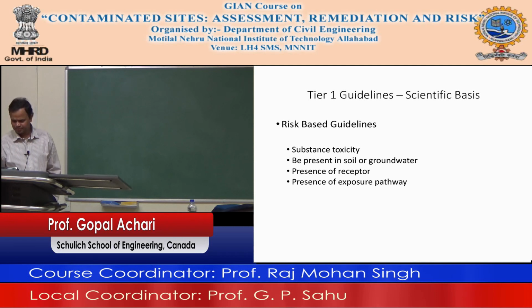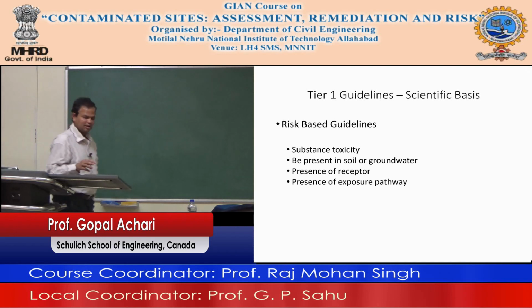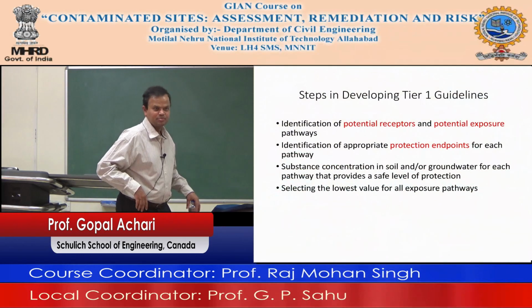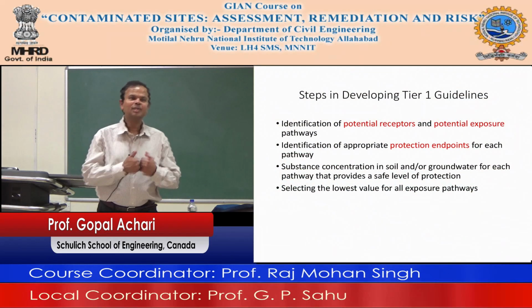I'm going to move on here because I can talk about some of this when we talk about risk assessment. So these are the steps in developing the tier 1 guidelines. When you're looking at a table and it says lead is 140 milligrams per kilogram, how did they come up with that number?